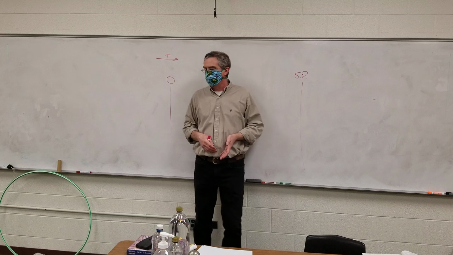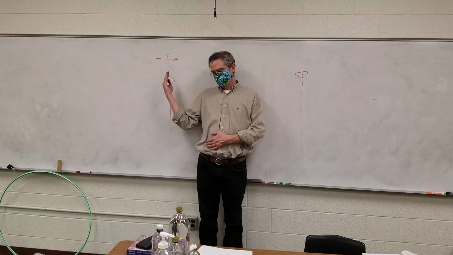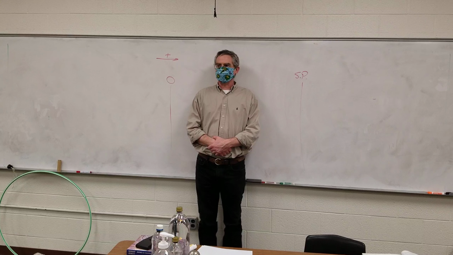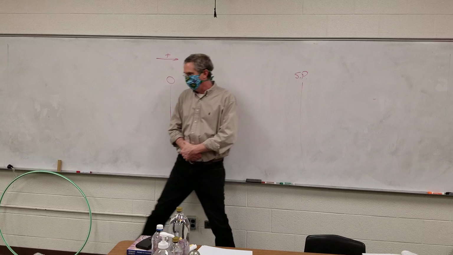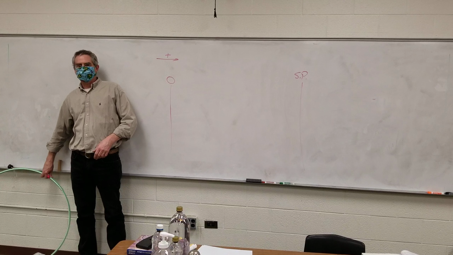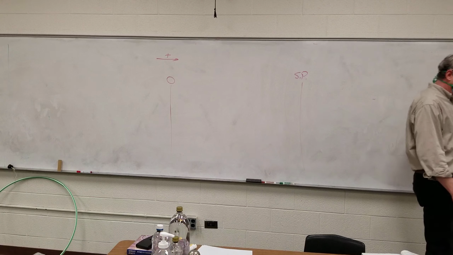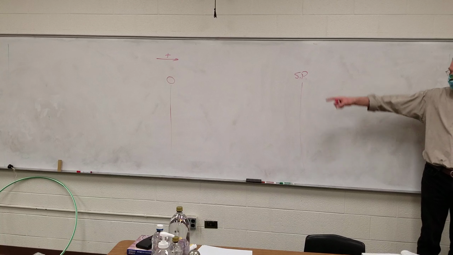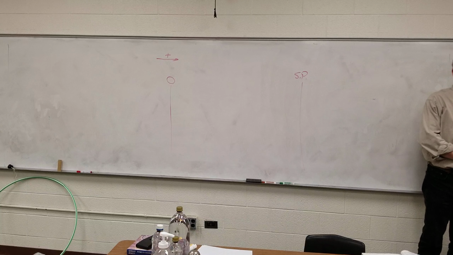So right now, what is my position? Positive, 0. What is my displacement? Negative, because I'm on the negative side of where I started. Position negative, displacement negative. Position positive, because I'm on the plus side of 0, and positive for displacement, because I'm on the plus side of the starting point.